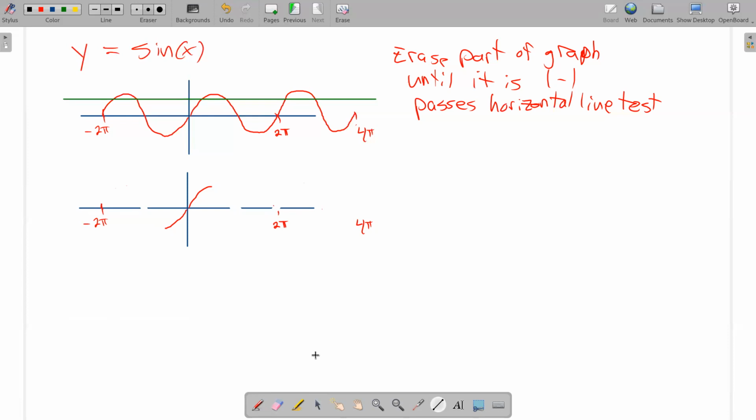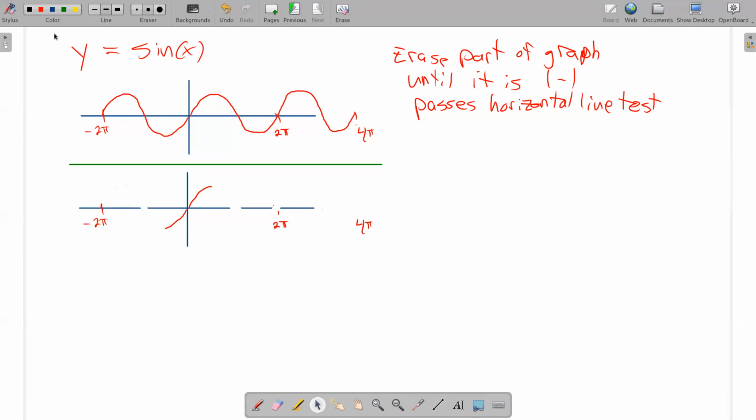And again, the problem with the original function is any horizontal line between y equals -1 and y equals 1, this thing fails for it, hits way more than once, hits infinitely many times. So back down here, the problem is once it goes past that peak, I'm going to fail the horizontal line test all through here. Once it goes past that bottom, I'm going to fail unless I erase from that bottom point.